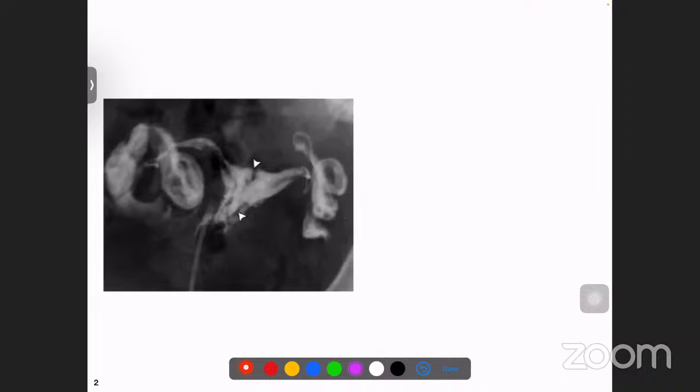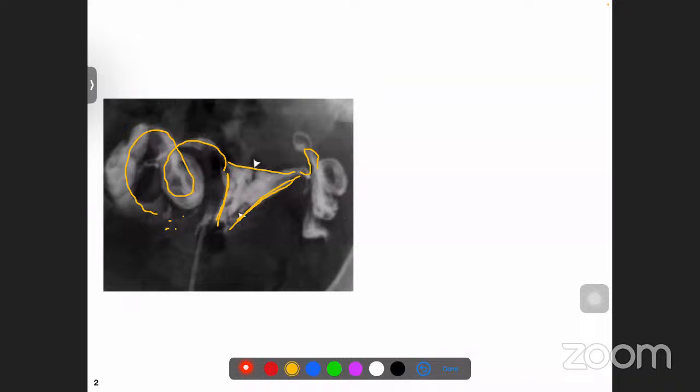First, let's have a look at this image. What do you appreciate in this image? This is basically an HSG, that is hysterosalpingography. In this image, you can appreciate that there is filling in the uterus, and on either side you can see the filling through the tubes, and there is some spill which is present. This is the uterine contour.